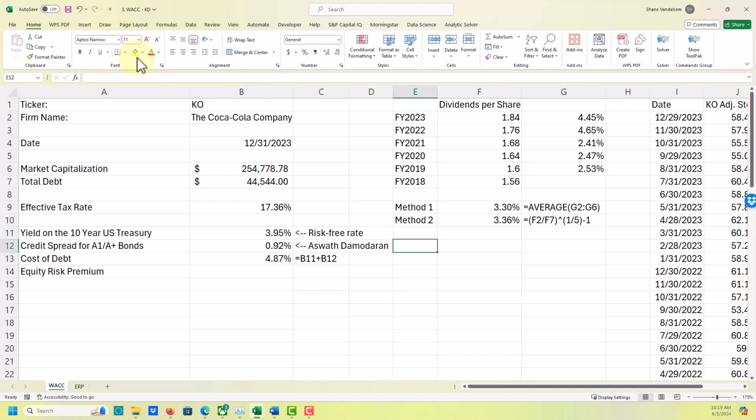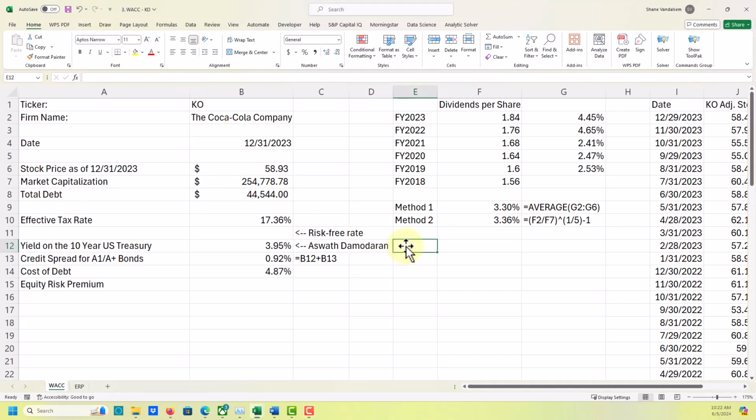Now we need to figure out the dividend yield. So the dividend yield is going to be the value of the next expected dividend divided by the price today. So to calculate the dividend yield, we're going to calculate the expected dividend for 2024 based on the dividend that we have for 2023 plus the growth rate.